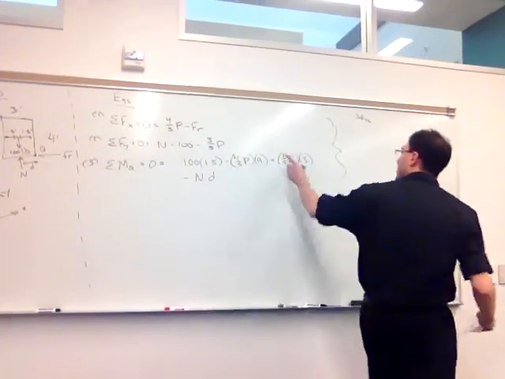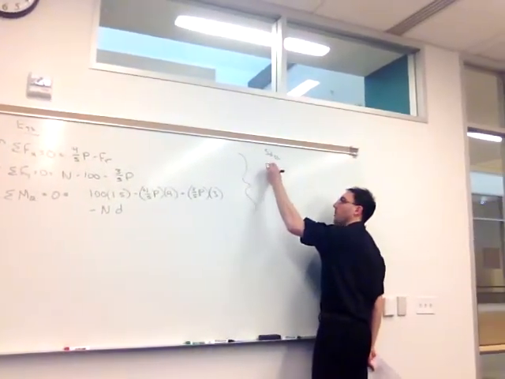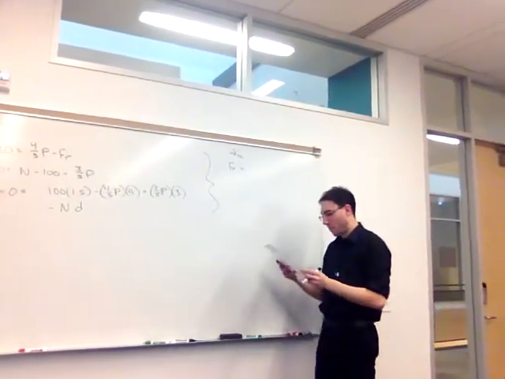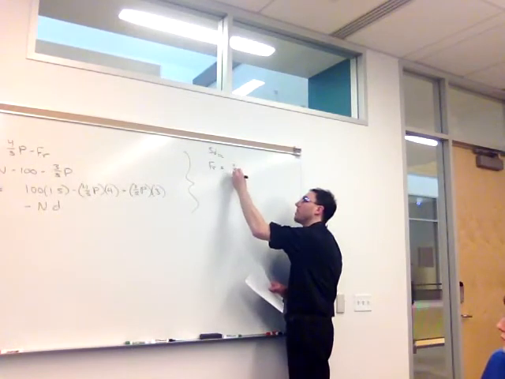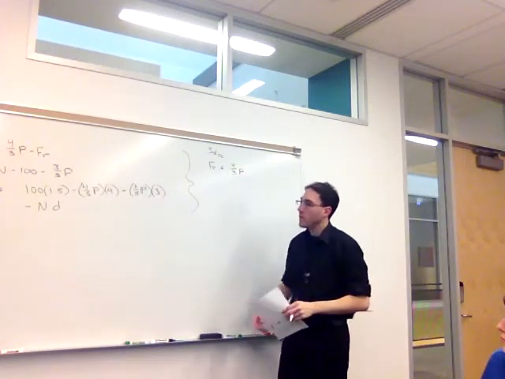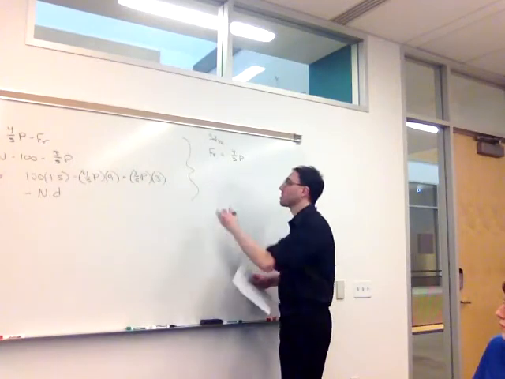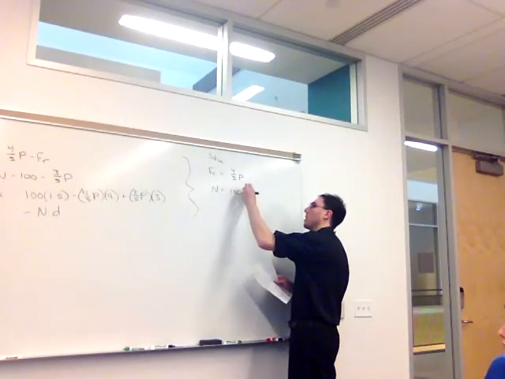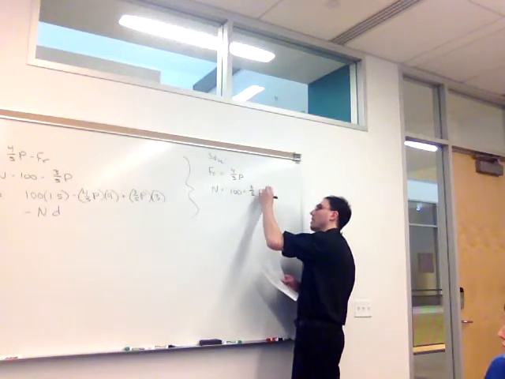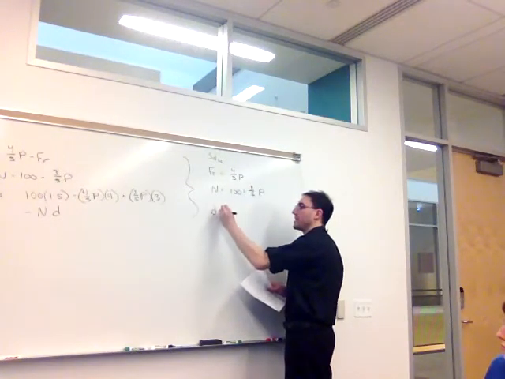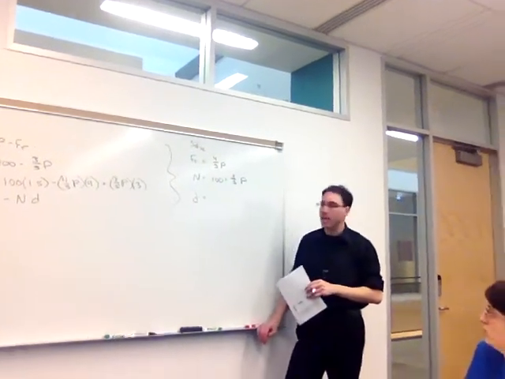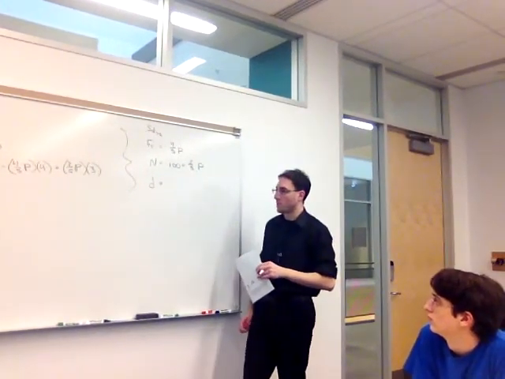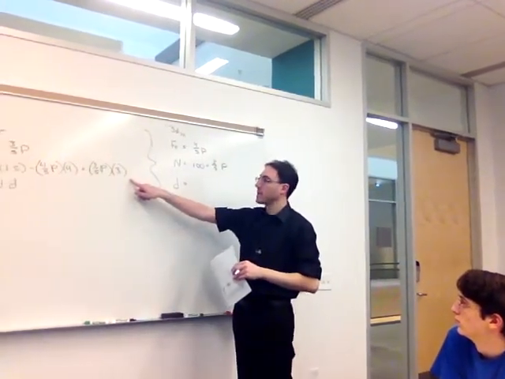But I took my equation 1, I solved for the force of friction in terms of the applied force, is 4/5 times P. I can find my normal force in terms of that applied force. And I can find the distance of where the normal force, or the equivalent normal force, is located by solving this.